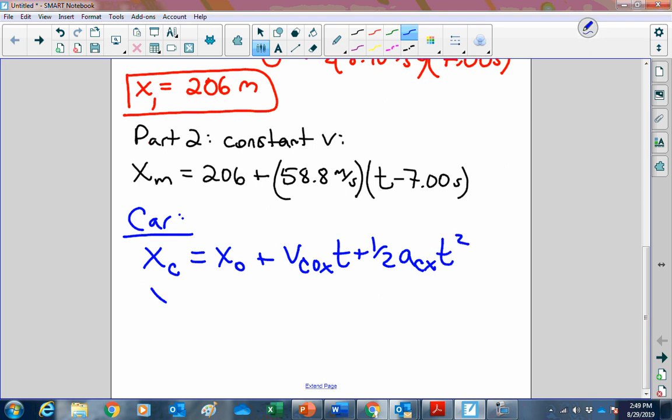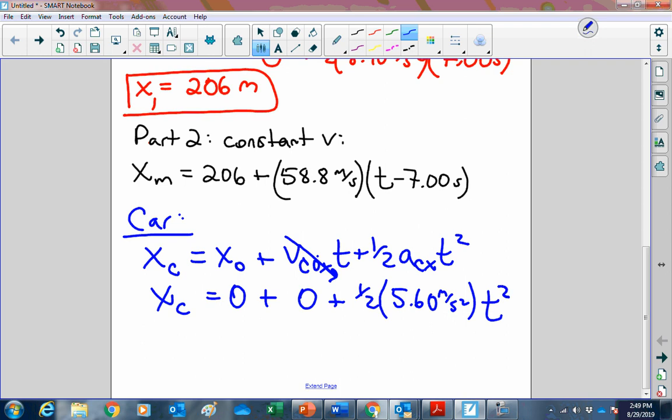And so the car's equation would be its starting point plus, this whole term goes to 0 though, because it started from rest, and then it's got its own acceleration value. And I am assuming from time 0 it was accelerating.